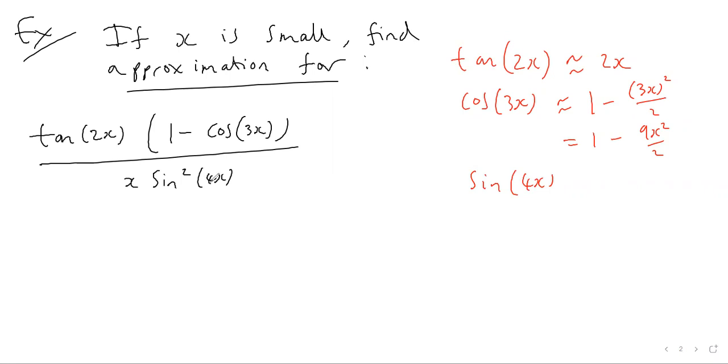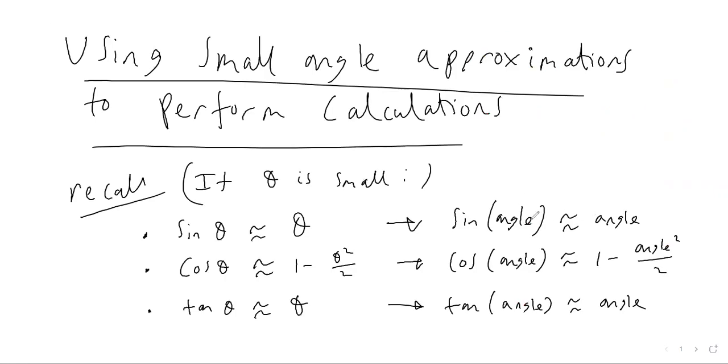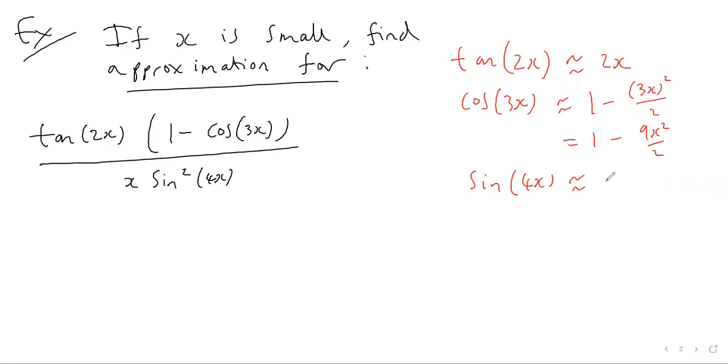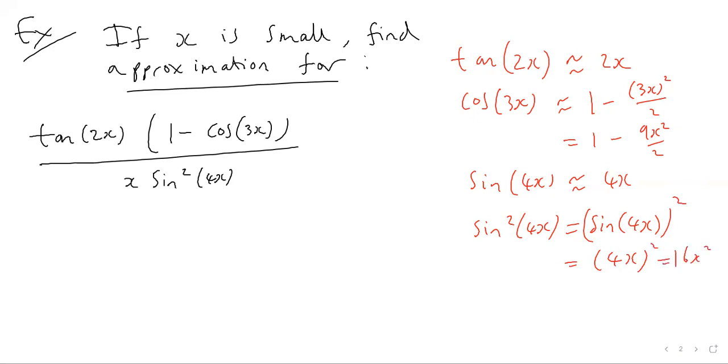That's approximately equal to the angle using the first rule, so approximately 4x in this case. We've also got a sine squared, so sine squared of 4x is the same as sine of 4x all squared, that's just how the notation works. So we're doing 4x all squared, and that's 16x squared.